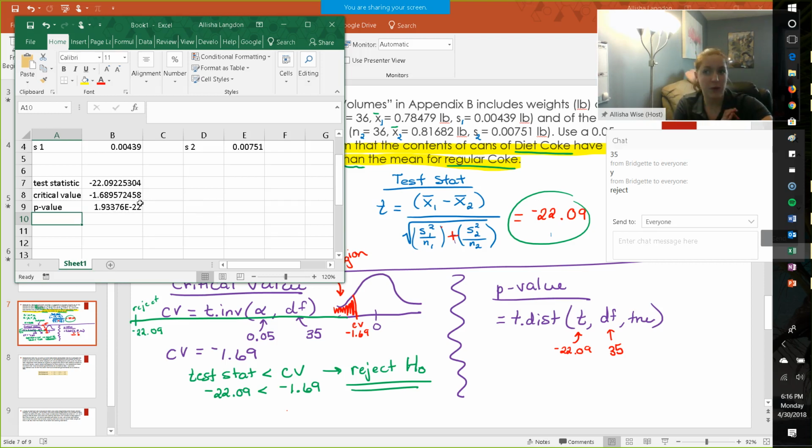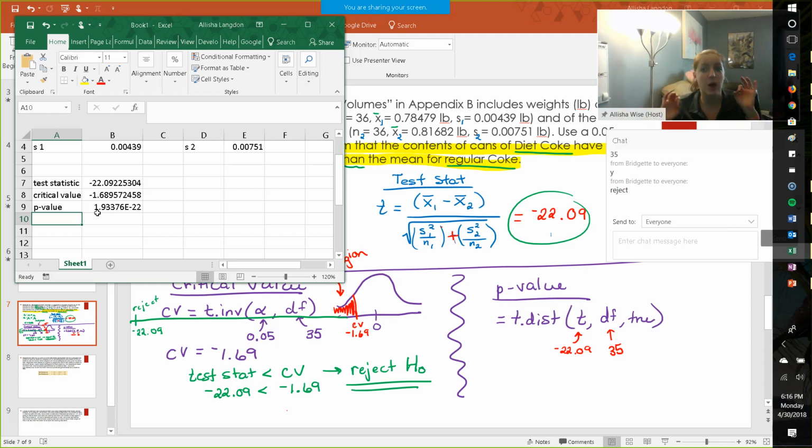We've seen this before, but I want to review it a little bit. When you have an E in there, it means it is in scientific notation. When it's in scientific notation with a negative exponent, it's saying the exponent is negative 22. That means there are 22 zeros, actually 21 zeros before the 1. So 0.0000000000000, 22 zeros, 19376.